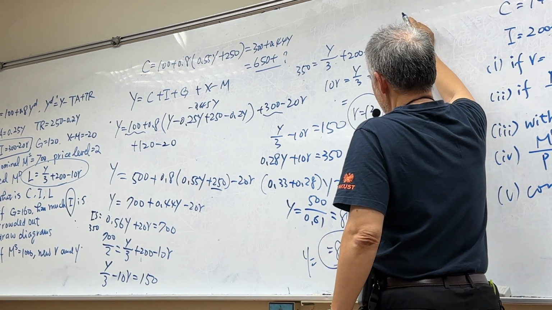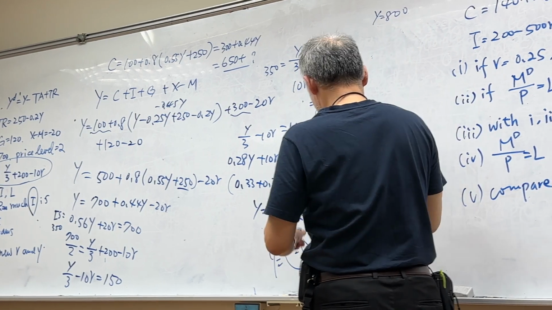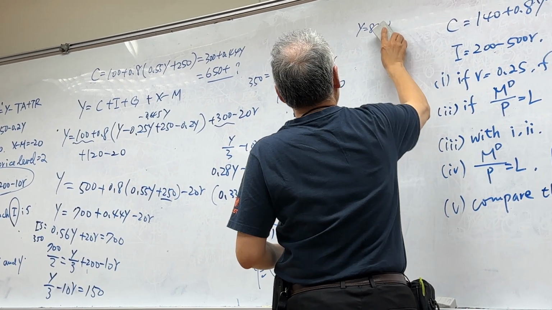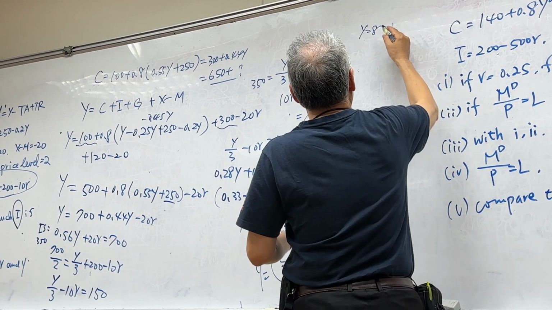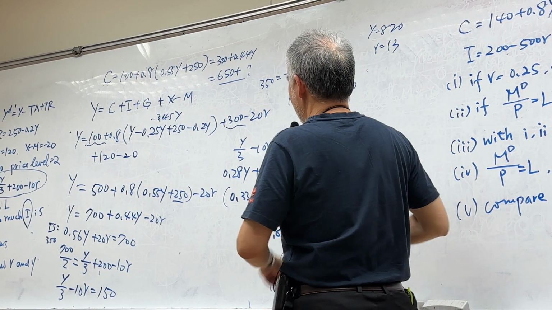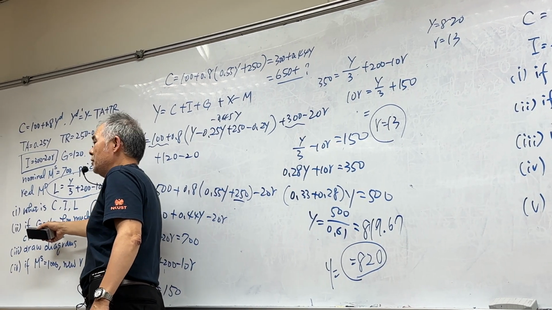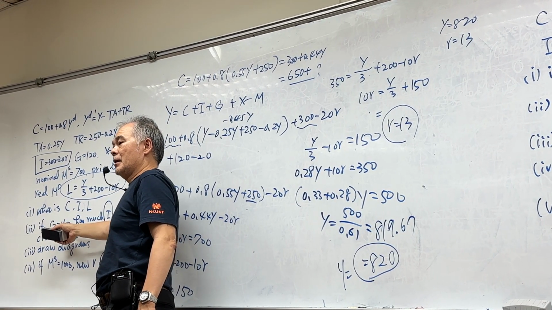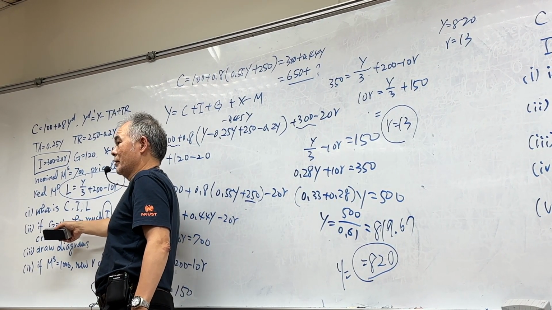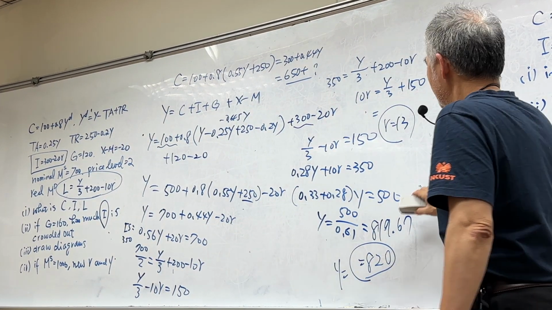So let me put down here, y is equal to A20, sorry. And r is equal to 13, okay? Okay, so now G, we have a new government expenditure. It is 160, okay? So I wanna erase this part, okay?